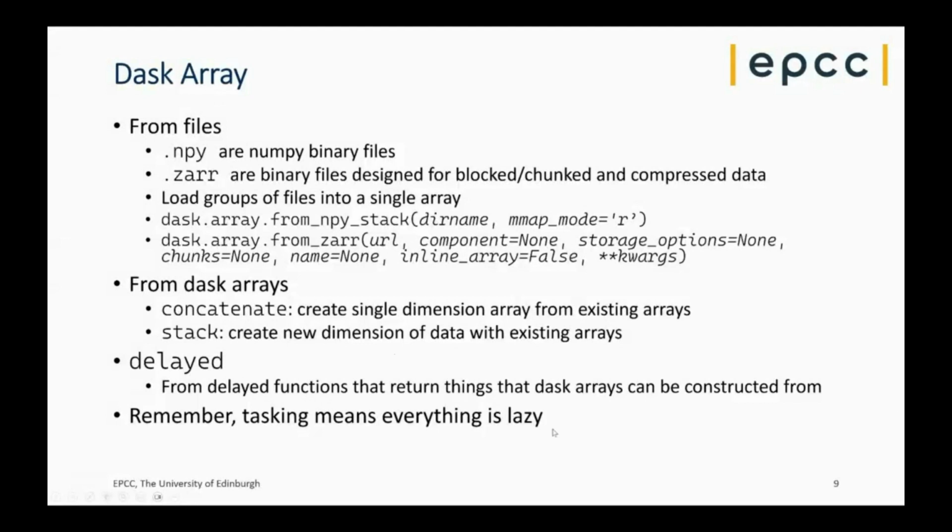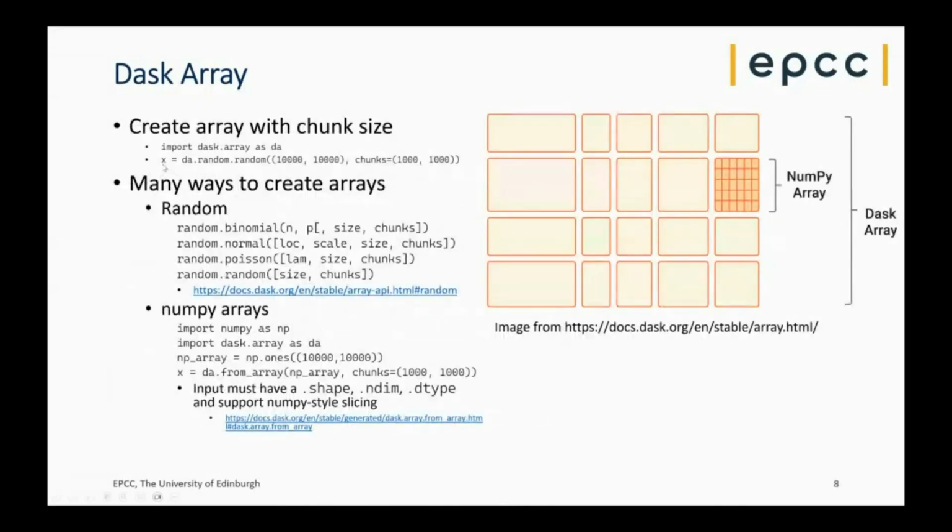Now it says here, just reminding you again, because of the way tasking works in Dask, everything is done lazily. So we still have lazy evaluation. If I run this code up here, x equals da.random.random 10,000 by 10,000, chunks 1,000 by 1,000, then after that line, in a normal program, the object x would exist and have all the data in it once that random function returned.